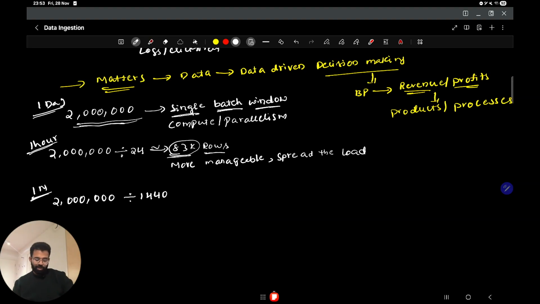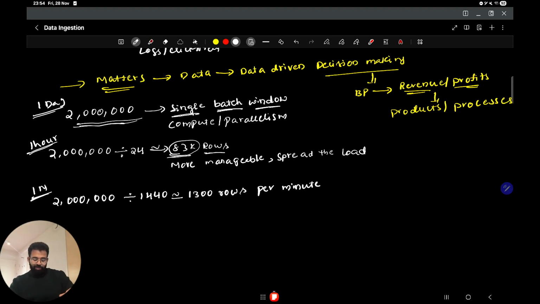If you spread 2 million events over every single minute, you are processing approximately 1,300 events, or records or rows, per minute, which is nice. This is a little bit more manageable, maybe.